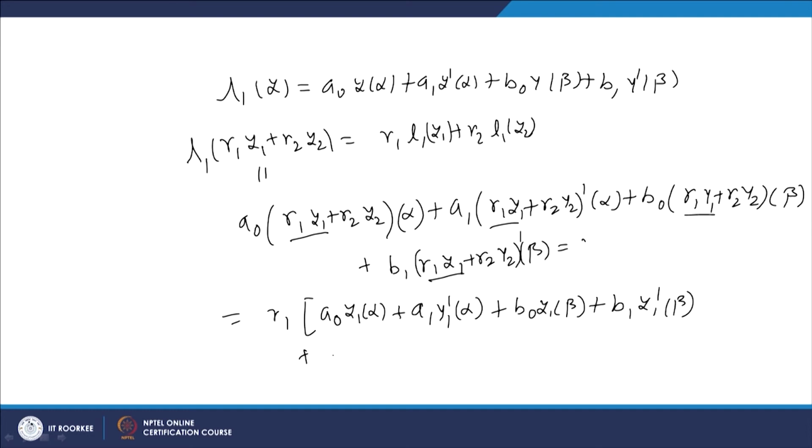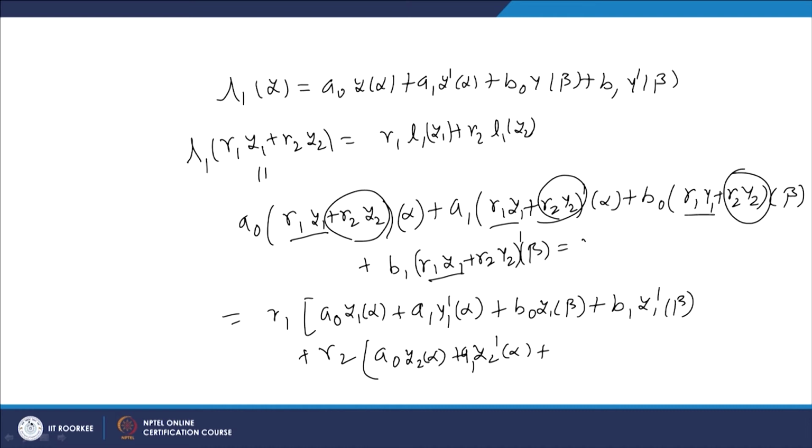Now look at R2: we have a naught y2 alpha, plus a1 y2 dash alpha, plus b naught y2 beta, plus b1 y2 dash beta.